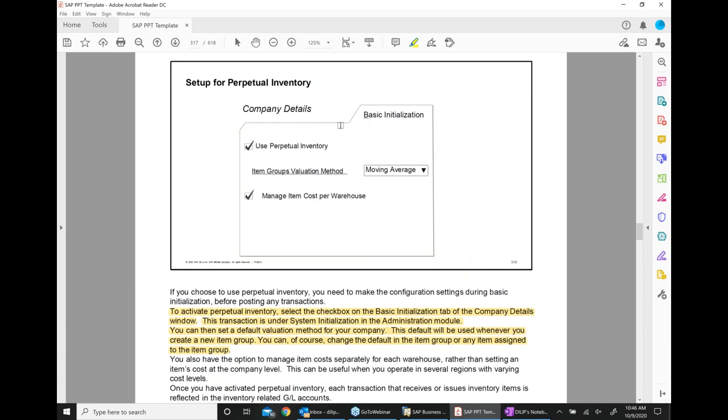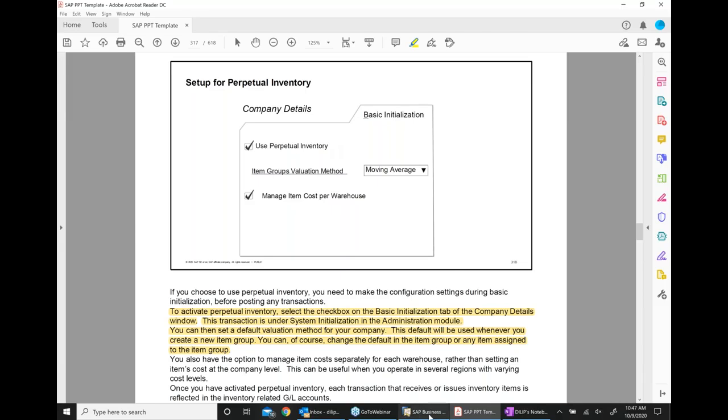Setup for the perpetual inventory. In the configuration, in the company detail, there is a basic initialization in the configuration in the administration module, and if this is active, then perpetual inventory is made possible.